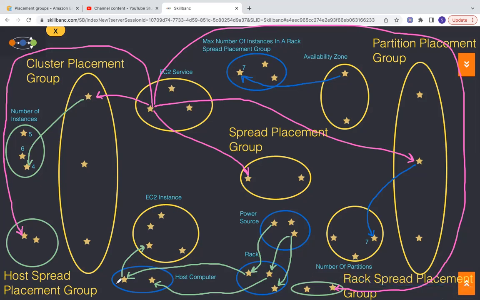If you want your instances to be on different hosts, then you choose host spread placement group. You want different hardware, different power source, and then you use these types of spread placement groups.